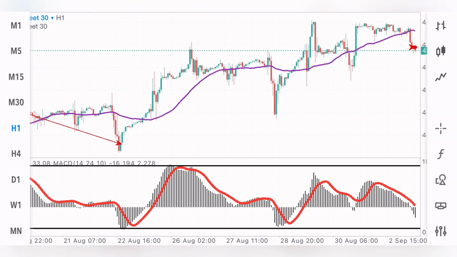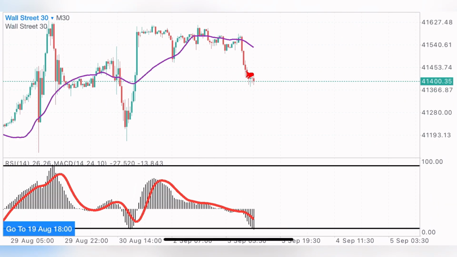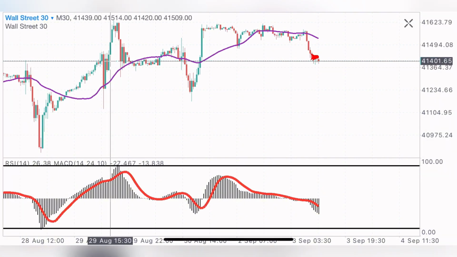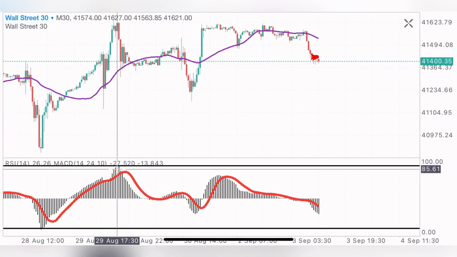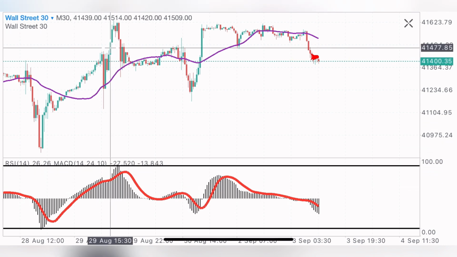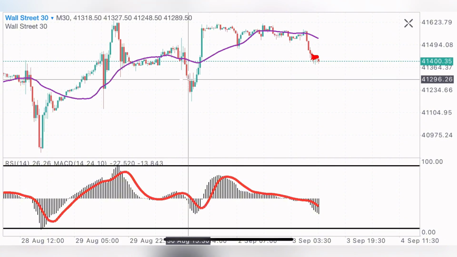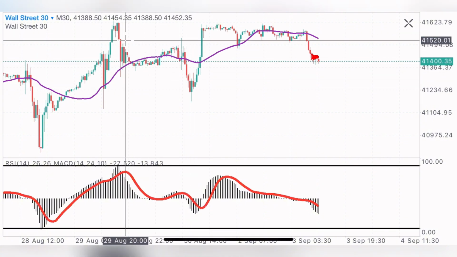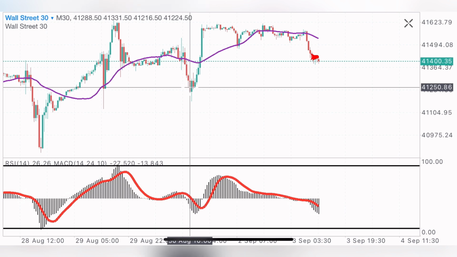Now if we check the 30-minute time frame, we can see clearly at this point, trace it upwards. From here, you will see from this point downwards, when the MACD gets to the level of 10, the market started to sell. All right, it sold from here downwards to this point.